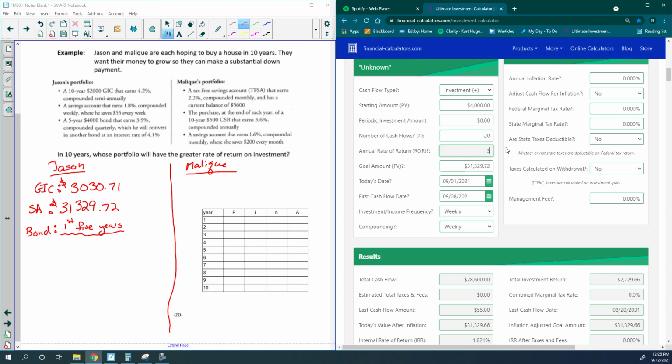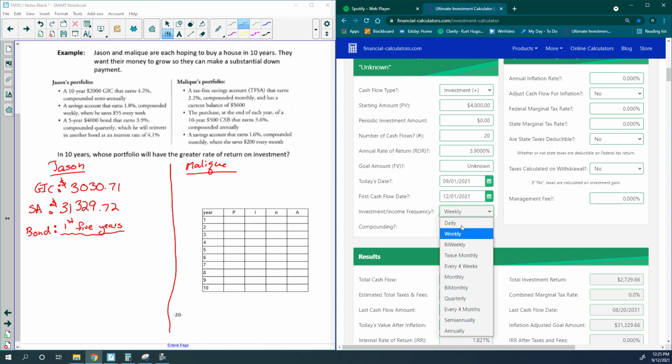The interest rate for the beginning one is 3.9. Future value, we don't know. We're doing it quarterly, so quarterly means 3 months later. My cash flow date needs to be 3 months later from the first, so that would put me at December, 12/01/2021.